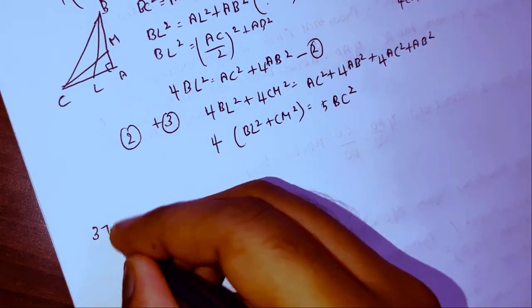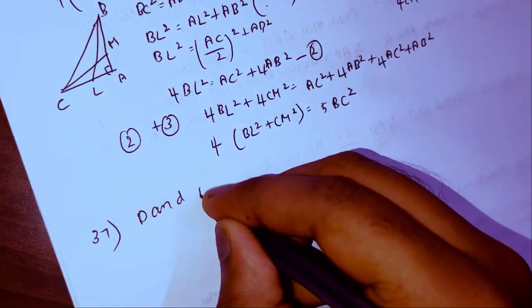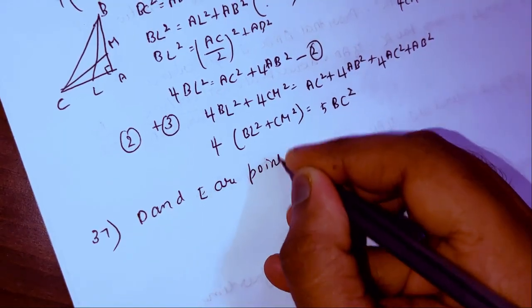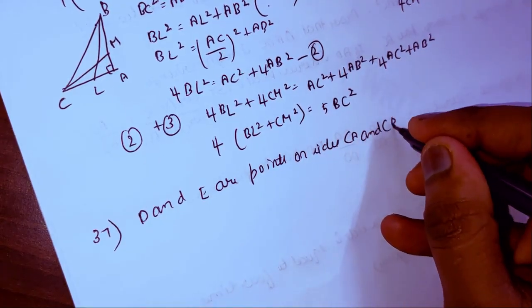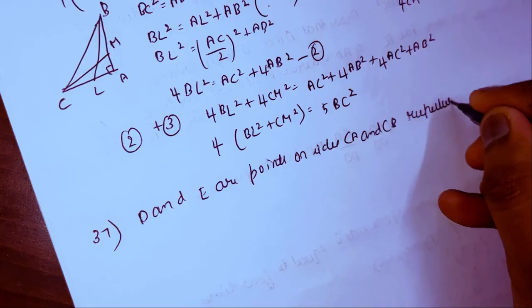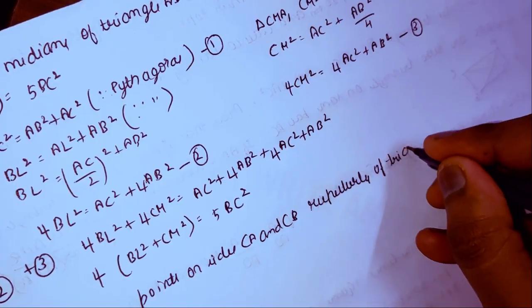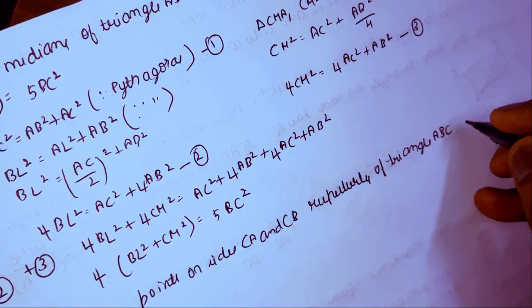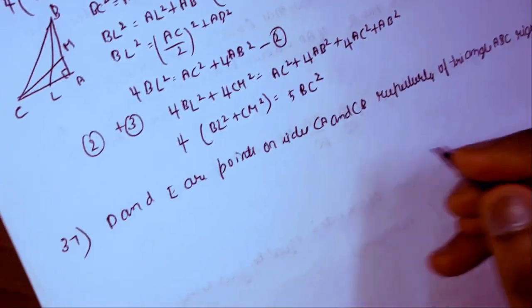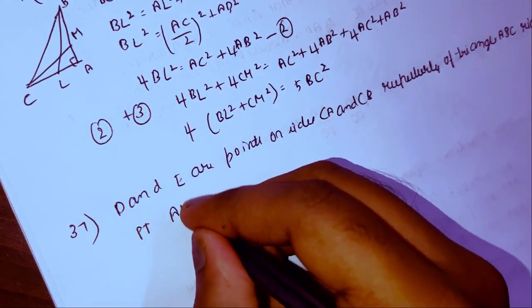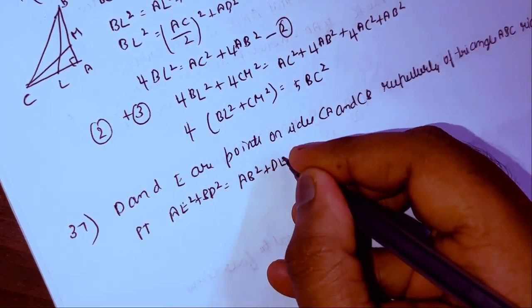37th question. D and E are points on side CA and CB respectively of triangle ABC, right angled at C. Prove that AE square plus BD square is equal to AB square plus DE square.